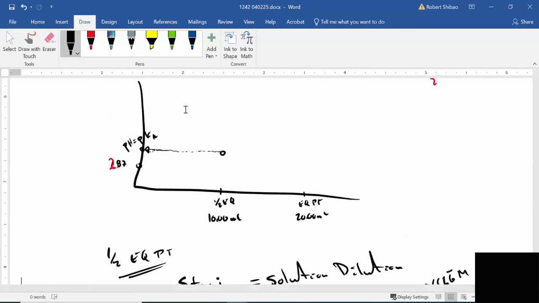So in this case, the pKa is 4.744. So at 10 milliliters, I have a pH of this. Now, what I'd like you to do is calculate the quarter equivalence point so we can see how this goes up. So can you go ahead and calculate the quarter equivalence point?